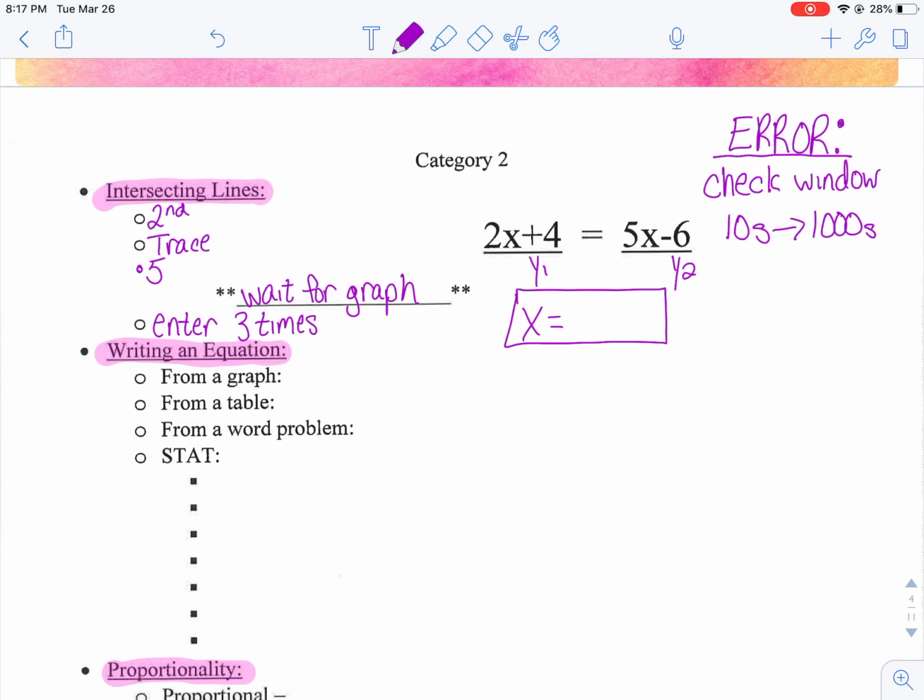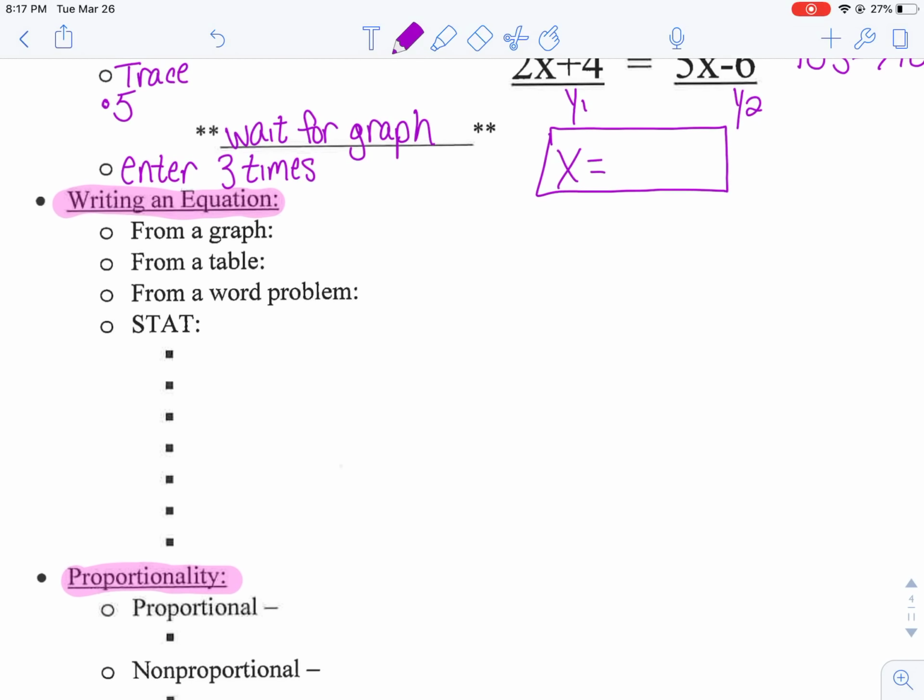So while we work with solving equations, we're also going to work with writing equations, either finding the slope of a line or trying to write the equation of a line. So when we're writing an equation from a graph, when it gives me a graph and says write the equation for this graph, or what is the slope of this graph, we're going to find 2 pretty points.